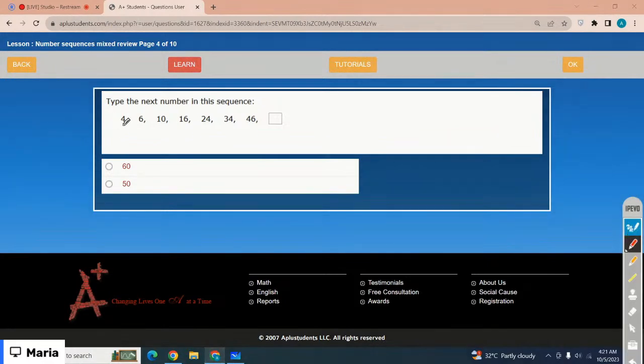That would be 4 plus 2 is 6, 6 plus 4 is 10, 10 plus 6 is 16, 16 plus 8 is 24, 24 plus 10 is 34, 34 plus 12 is 46. For the next one, you have to add 14. So 46 plus 14 is, that would be 60. So the next number in the sequence is 60. Got it?